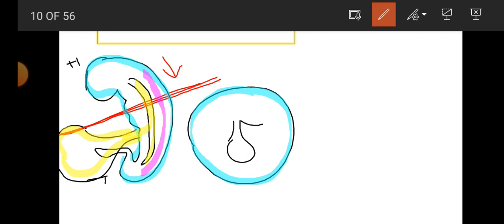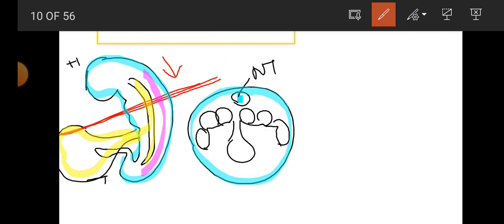On either side I will have the paraxial mesoderm and lateral plate mesoderm coming. This is the paraxial, this is the intermediate, and this is the lateral plate. Paraxial, intermediate, lateral plate mesoderm. Here I will have the neural tube. This is also the neural tube. These are the mesoderm layers and this is the endoderm layer.